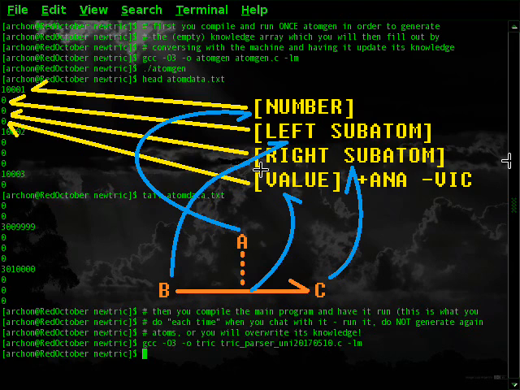Remember again that the atom number is nothing else than the superatom. The left subatom and the right subatom constitute the connection, and the value tells you what connection type it is.